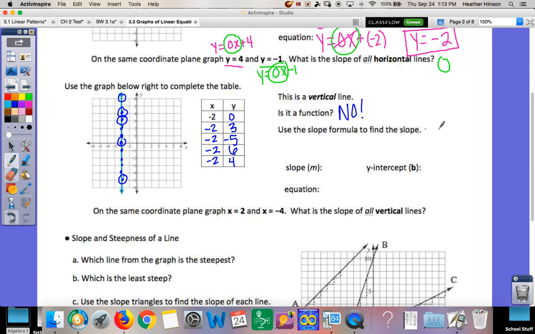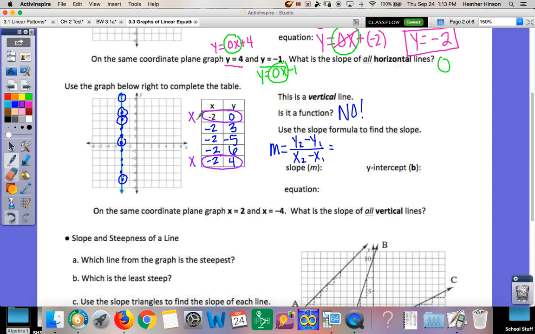Then we use the slope formula to find the slope. So we have m equals y2 minus y1 over x2 minus x1. Pick 2 points, whatever 2 points you want to use. I'm going to go with -2, 0 and -2, 4. So the left column, that's x.